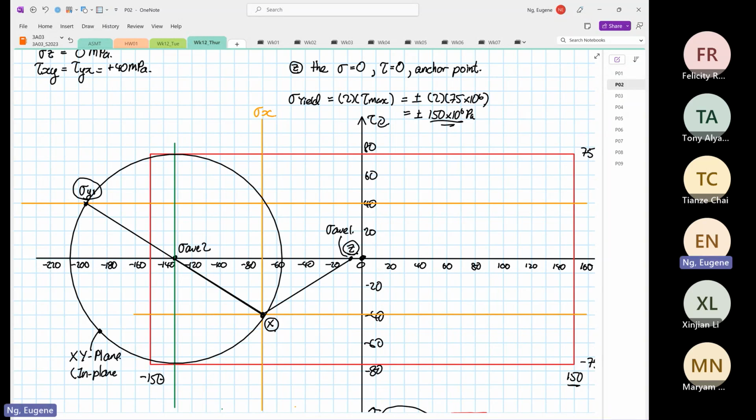And this is our in plane. Now, this is not the worst one. Okay, later on we're going to draw, or now we're going to draw two more circles. Okay, so the other circle is over here. Okay, so this is what?